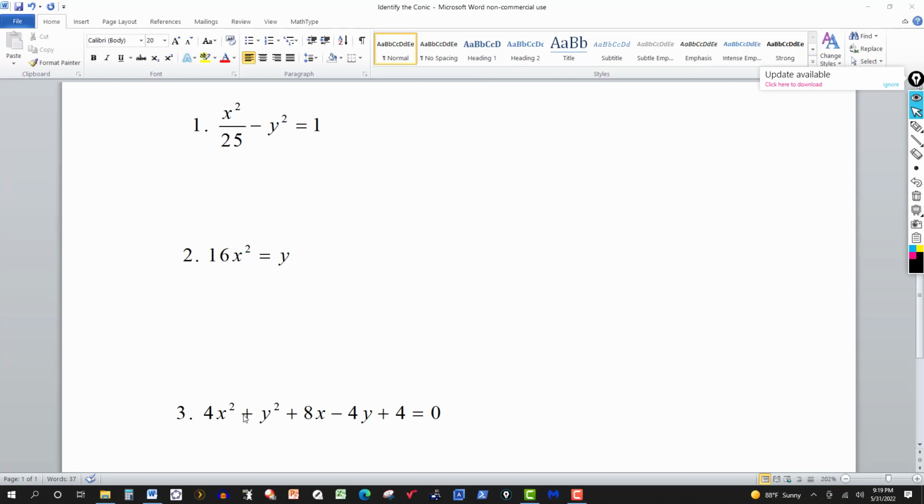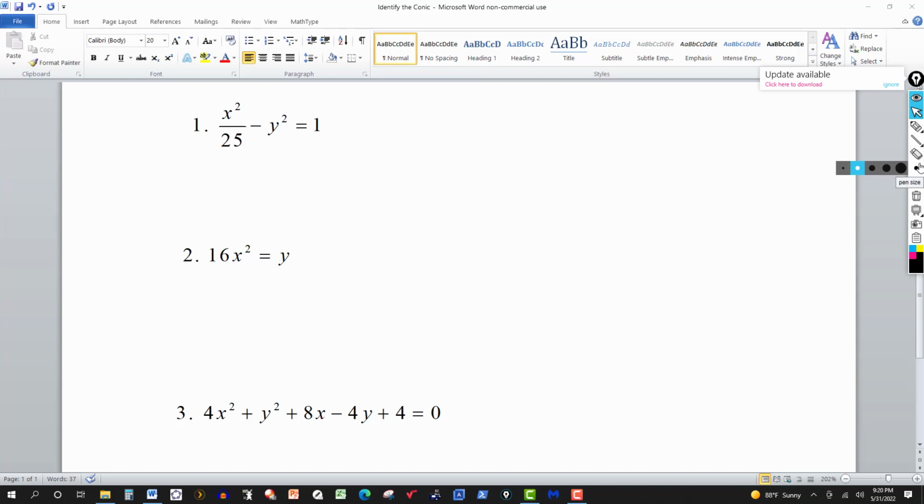But if the square terms have positive coefficients and they're equal, in other words, if I make the coefficient of y squared also 4, then you expect a circle. In this case, we expect an ellipse. And I do want to point out that it's possible the graph is not a conic at all. It could be just a point or intersecting lines, called a degenerate conic. But here we do have actual conics.